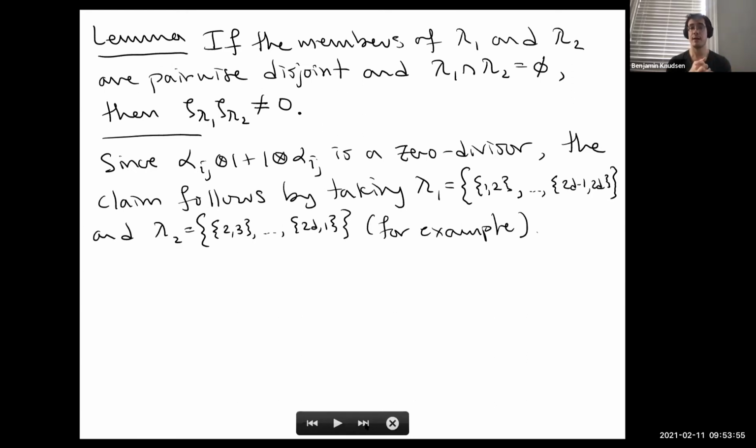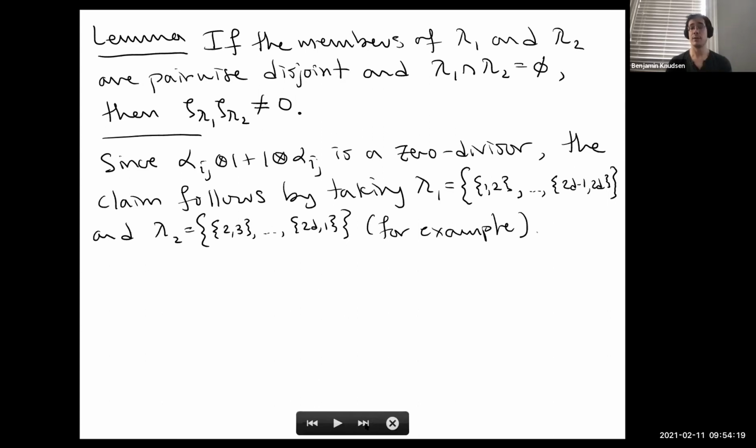As soon as I can find lambda 1 and lambda 2 of cardinality D each that satisfy these two properties, and here's an example, I can take lambda 1 to be each consecutive pair of numbers, and then I can hit that with a cyclic permutation to get each consecutive pair of integers except shifted by 1 and wrapped around.